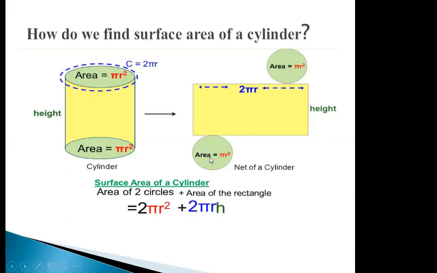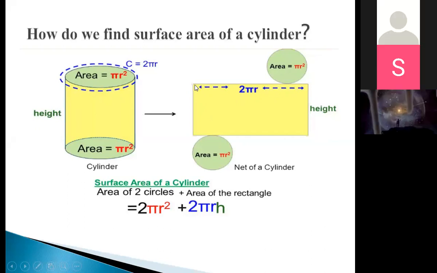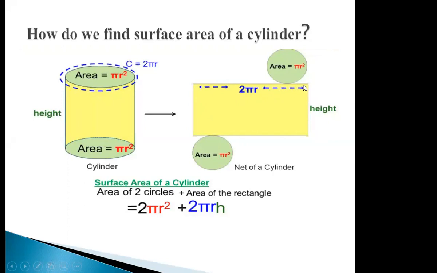Okay. Now, tell me something. If I start curving this rectangle, can I say that my length, the longest side of the rectangle, is same as the curved surface area? That will give me 2 pi r. Are we all getting?